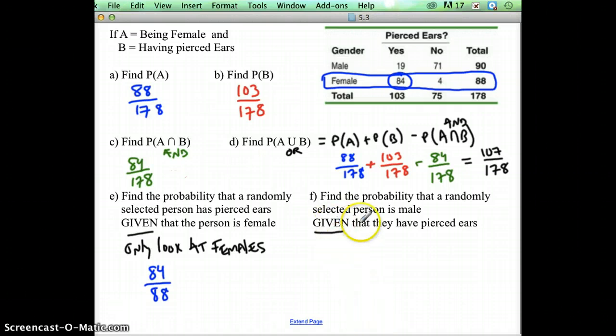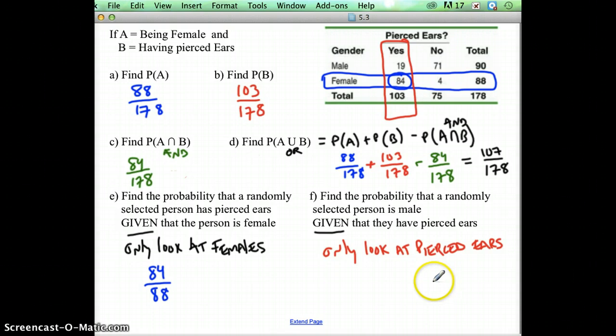Now for the next one, find the probability that a randomly selected person is male given that they have pierced ears. So we're only going to look at people with pierced ears. It's given that they have pierced ears, so we're only looking at the people who have pierced ears.